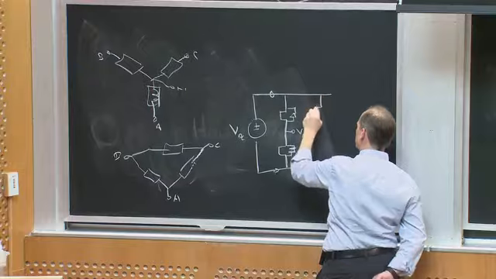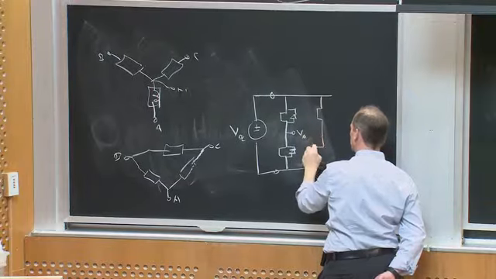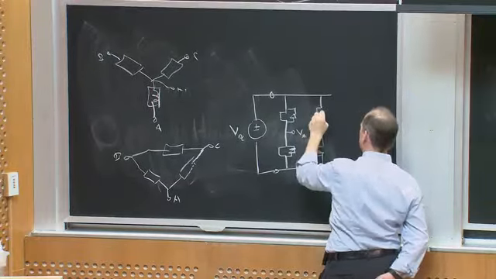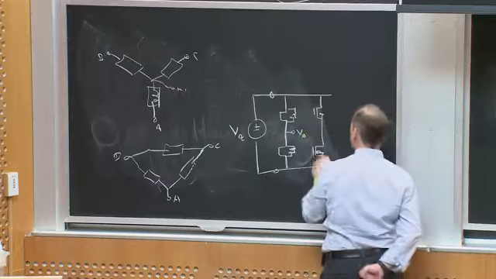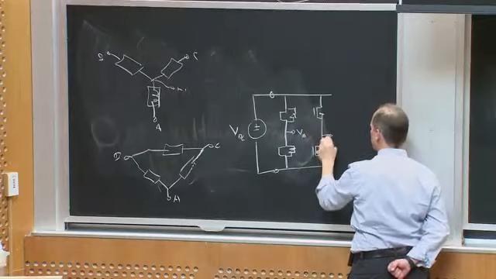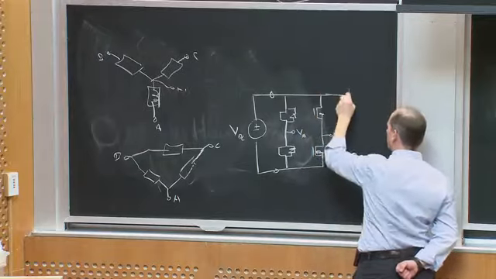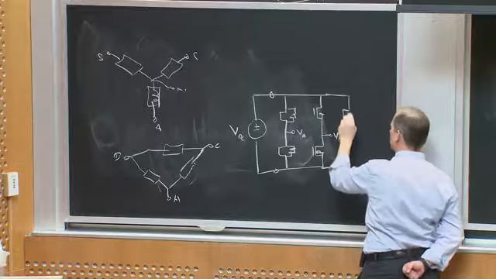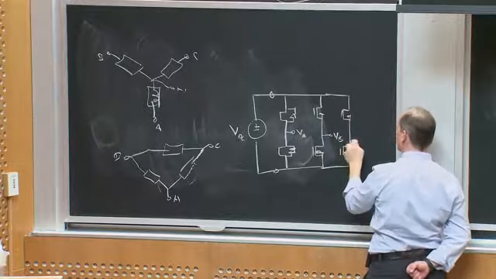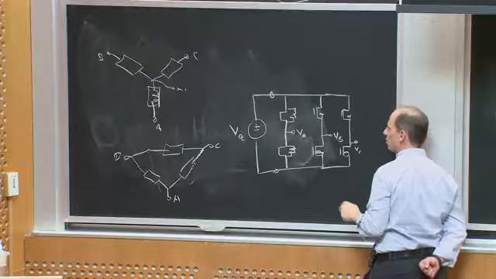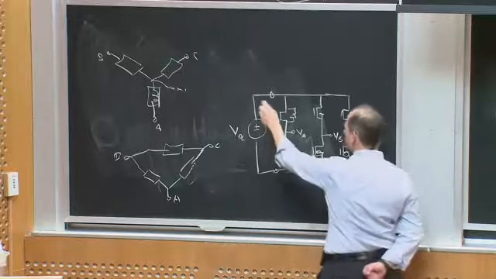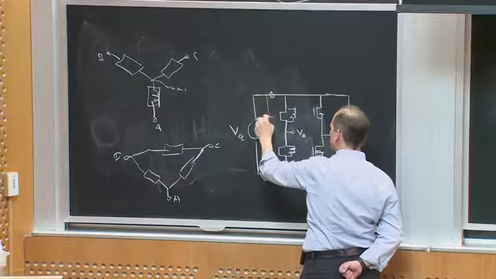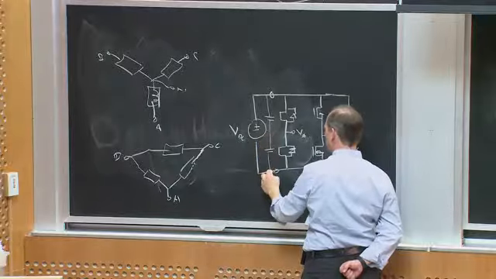A second one can generate VB, and a third one can generate VC. Okay.